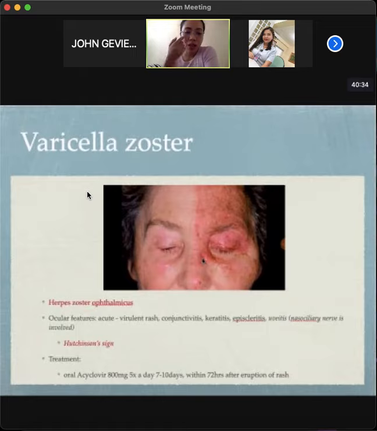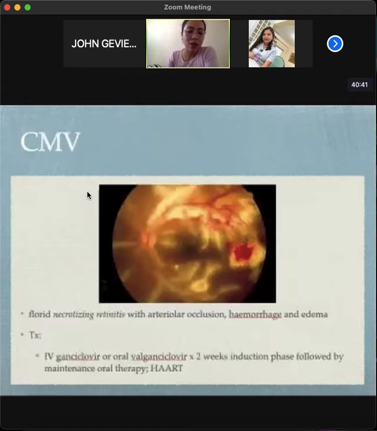Treatment, again, would be, of course, you give your antiviral drugs like your valganciclovir, acyclovir. CMV retinitis, or cytomegalovirus, is common in 30 to 40% of HIV positive patients.